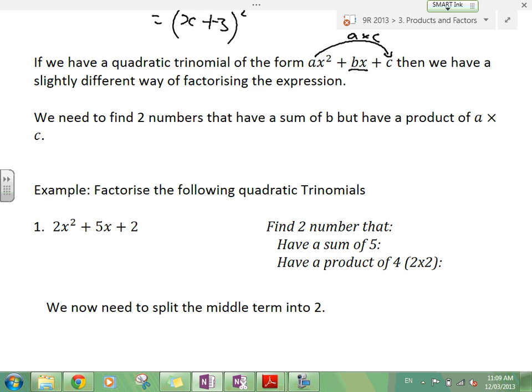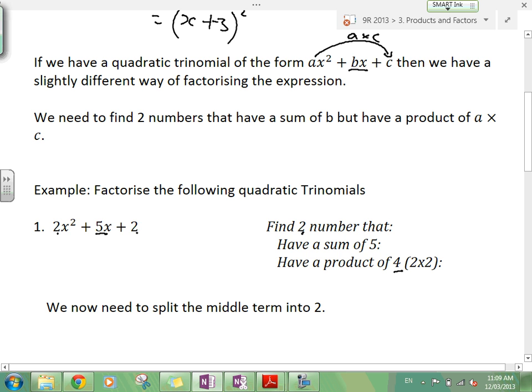So this one here, 2x squared plus 5x plus 2. Okay, so if you look over here, we're looking for two numbers, firstly that have a sum of 5, because that's our b in this case, that's our middle term, so it has to add to 5, and 2 times 2, which is 4, they have to have a product of 4.